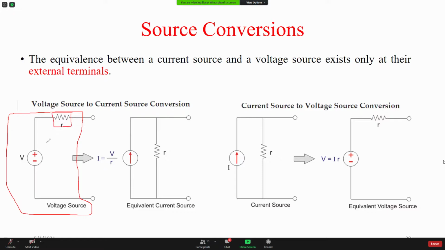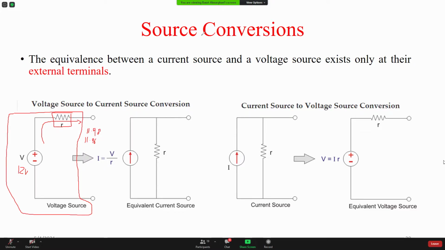When the current goes through, there will be a voltage drop across it. So if this is 12 volts, you might have 11.98 between the terminals of the source. If you have a load with higher current, maybe it will be 11.96 and so on. So there is a small drop in the internal resistance.